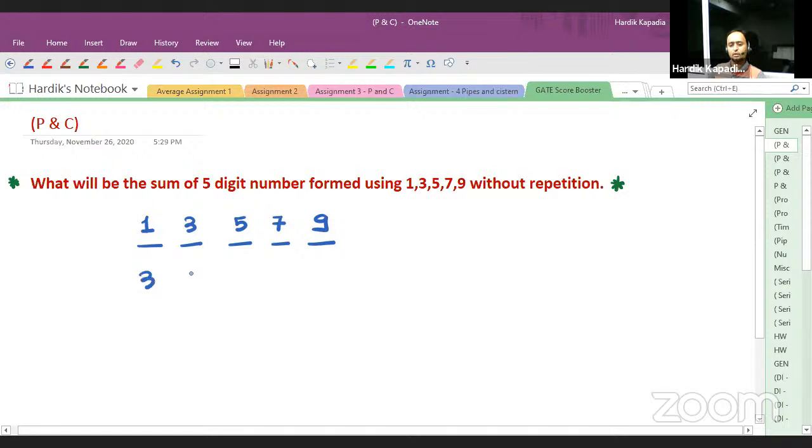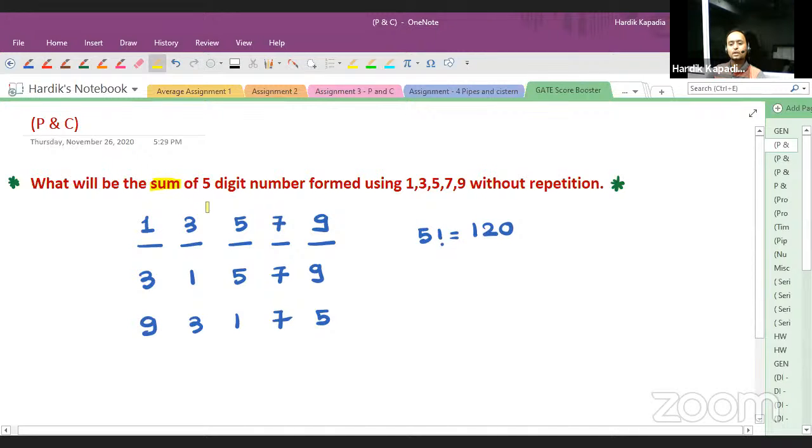It can be 3, 1, 5, 7, 9. It can be 9, 3, 1, 7, 5, and so on. So you have answered total 120. 120 is 5 factorial ways. But what is asked to you?